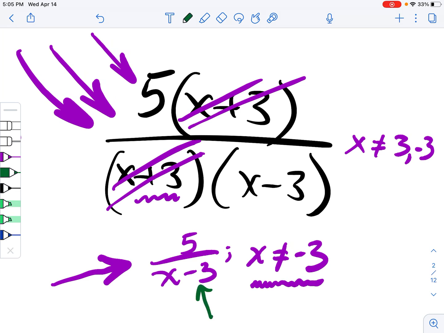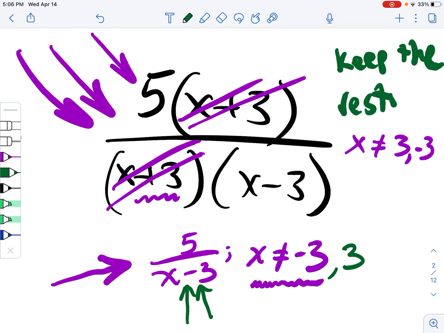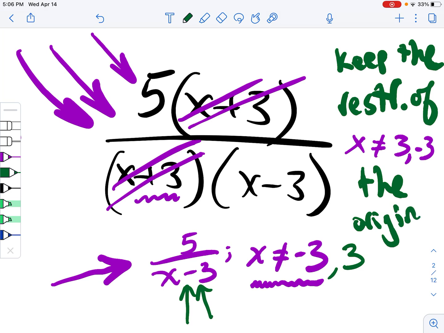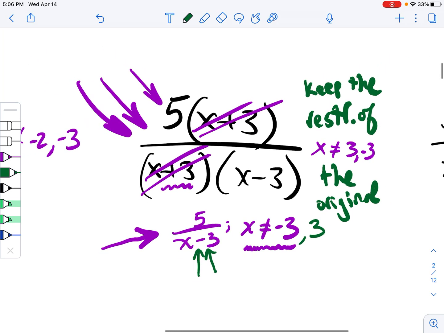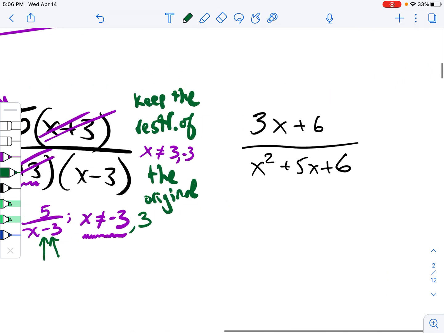If you want to also add in that x cannot be equal to 3, that's fine, but any viewer can tell x is not supposed to be 3. So, in conclusion, when you simplify, you need to maintain that restriction. So you keep the restriction of the original expression. Just because you cancel doesn't mean you get rid of that restriction.